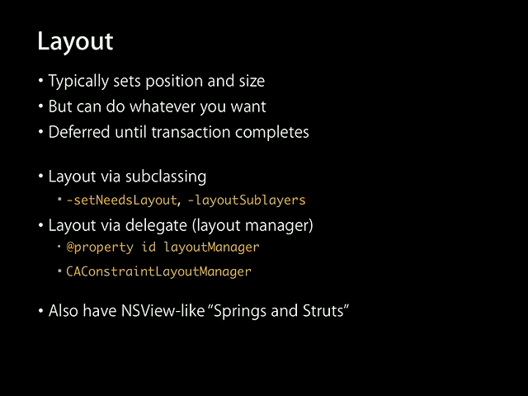Delegates or layout managers are pretty useful in that you can kind of encapsulate reusable layout algorithms, I guess. So for example, if you know that a bunch of your different subclasses all need a grid layout method or a box, 1D packing or whatever, then you can wrap that up in a layout manager and just reuse that for every layer. We give you one existing layout manager, which is called the constraint layout manager.